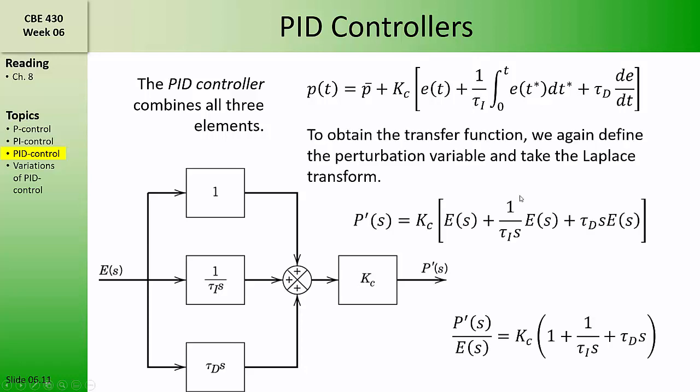Remember that in the Laplace domain, multiplying by 1 over s is equivalent to taking the integral in the time domain, and multiplying by s is equivalent to taking the derivative in the time domain. The transfer function for the PID controller is a linear combination of the proportional controller, the integral element, and the derivative element.